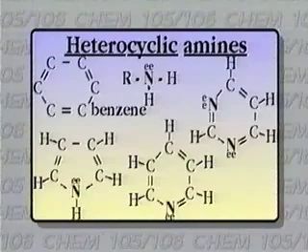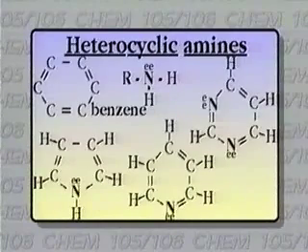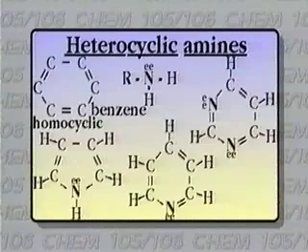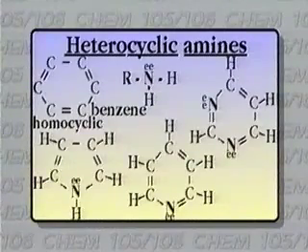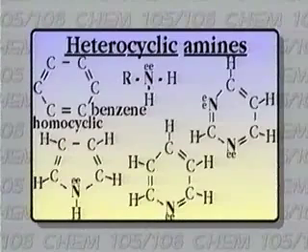And remember, we called that benzene. Benzene was a cyclic hydrocarbon. It is referred to as a homocyclic because all of the atoms in the ring are the same type. They're all carbons. That's a homocyclic.